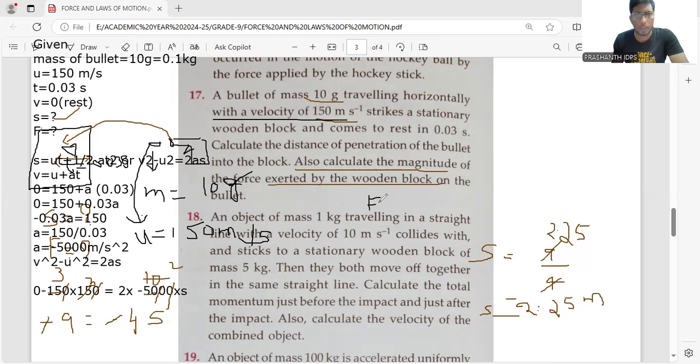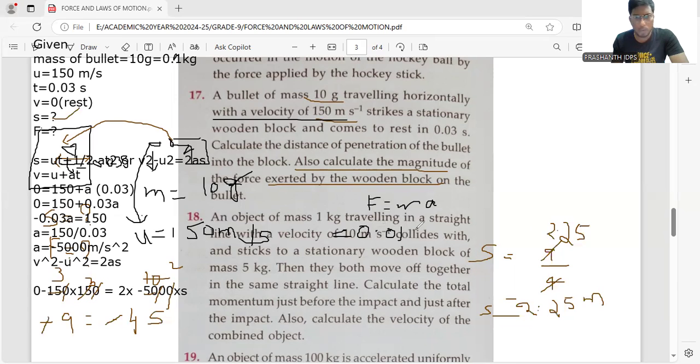Force is equal to, what is the formula? The formula is mass into acceleration. Force is equal to mass into acceleration. Sorry, here 0.1 kg, no? It is 0.01 kg. Don't write 0.1 kg, write down 0.01.